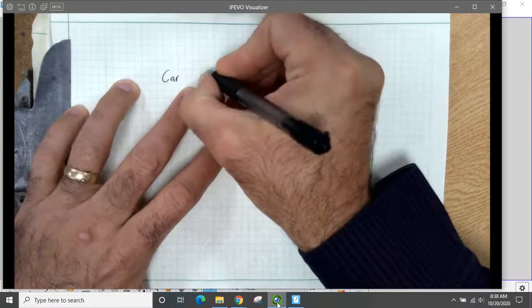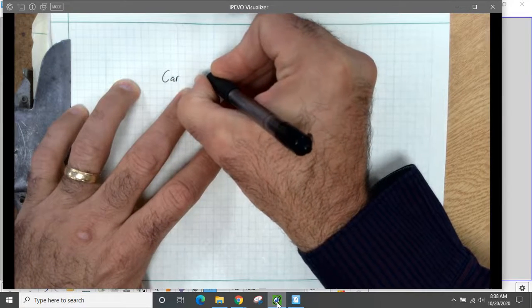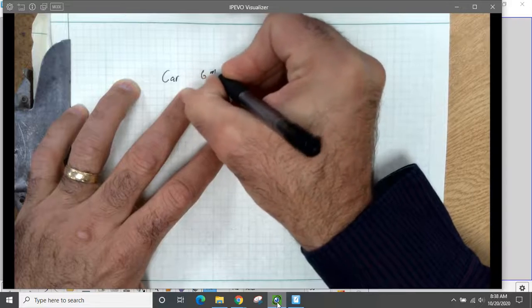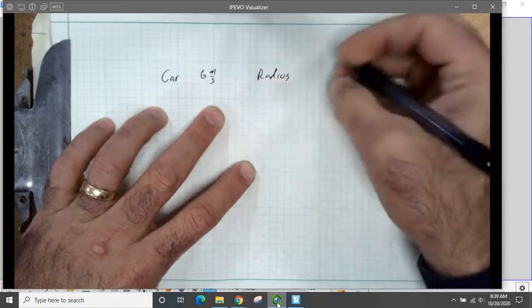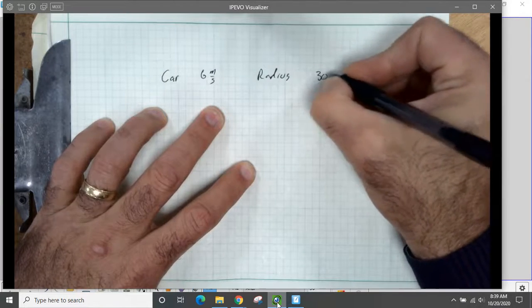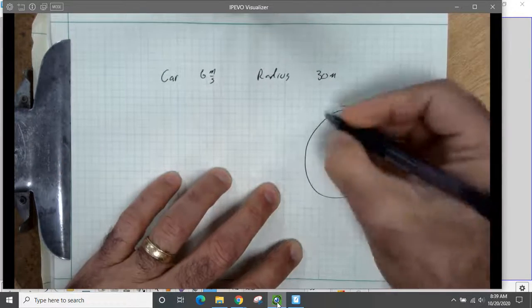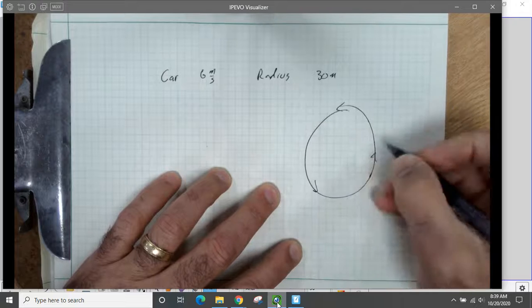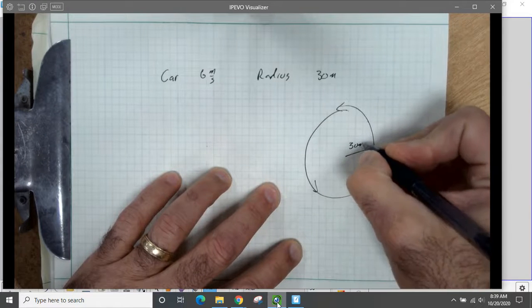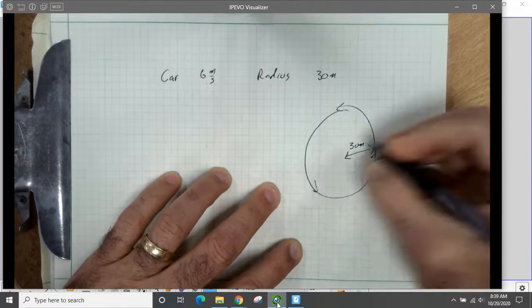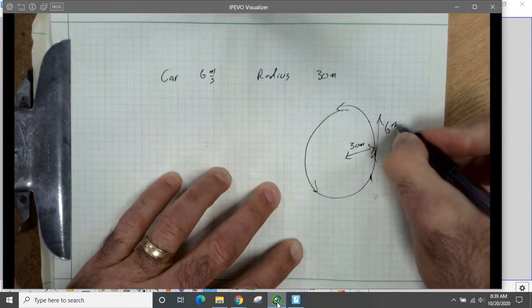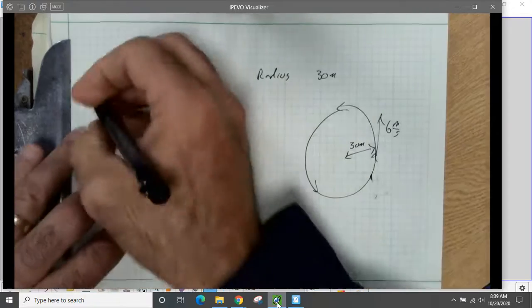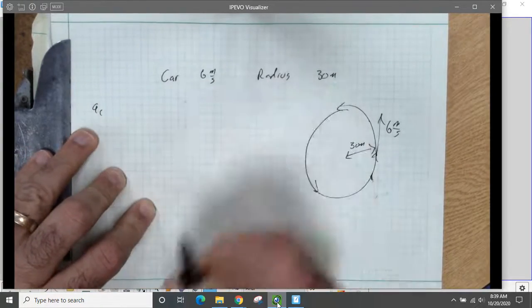We're going to say it was moving at 6 meters per second. And we're going to say that the radius of the track was 30 meters. So that's the path of the car going around in a circle. This is 30 meters. That's the radius of the circle, and the tangential velocity is 6 meters per second. And we want to find A sub c, the centripetal acceleration.